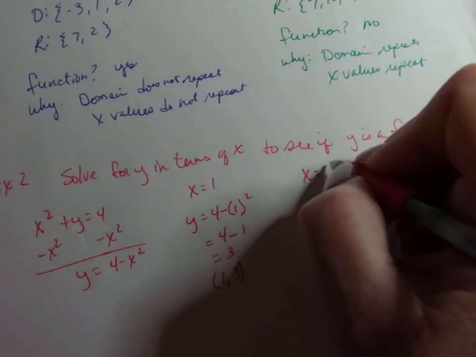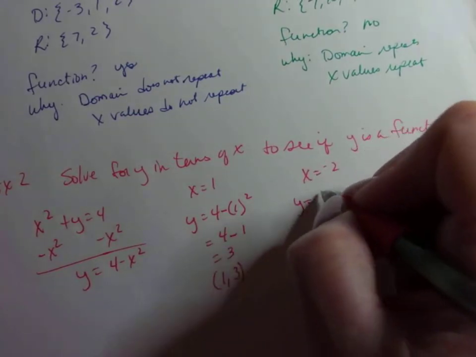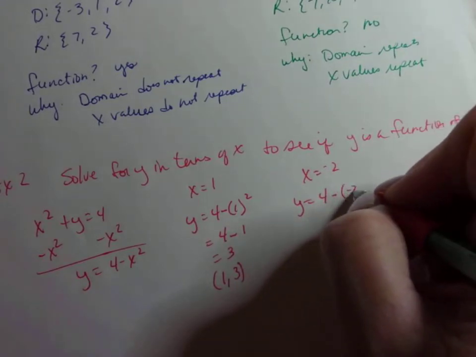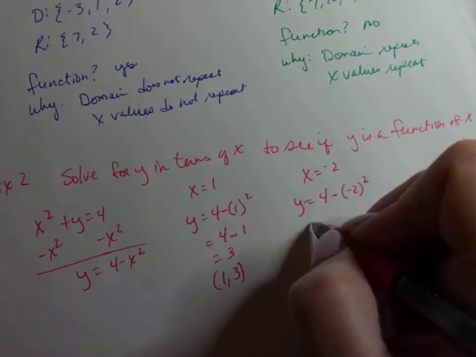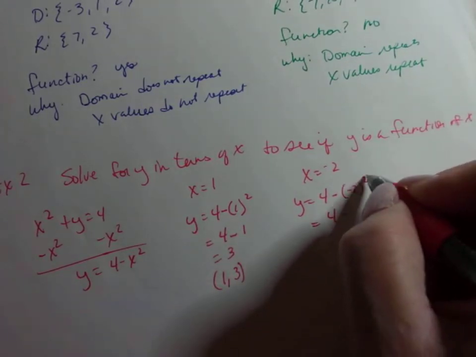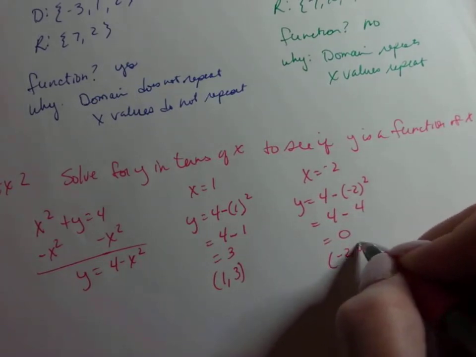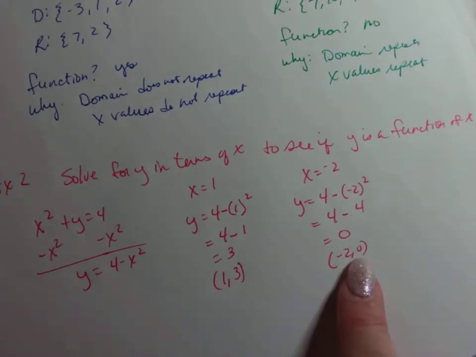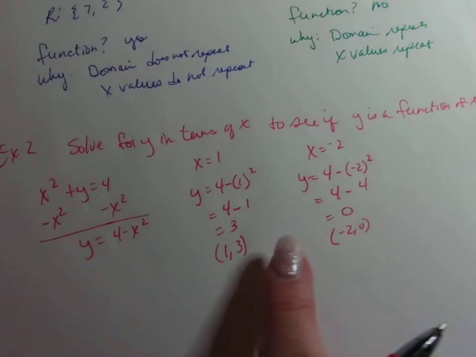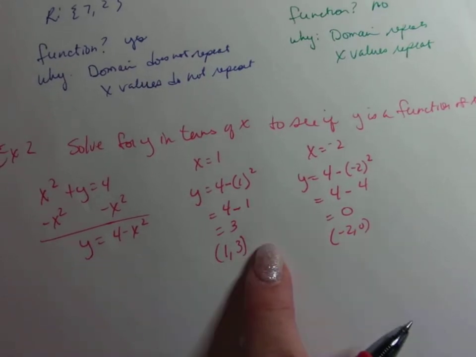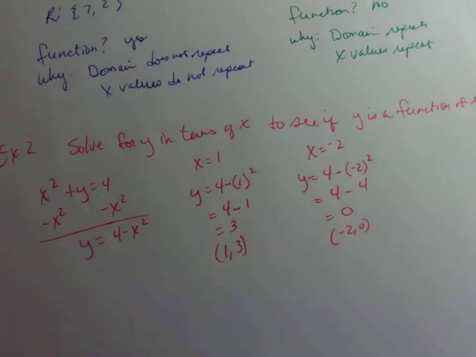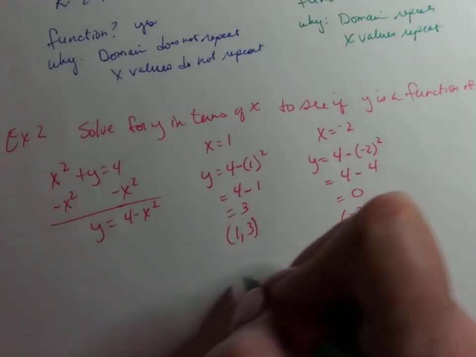For x equal to negative 2, I get y equals 4 minus negative 2 squared. That'll be 4 minus 4, which gets us 0. We end up with negative 2, 0. So for each of the numbers I plugged in, I only get one y value. So this tells me, is this a function?